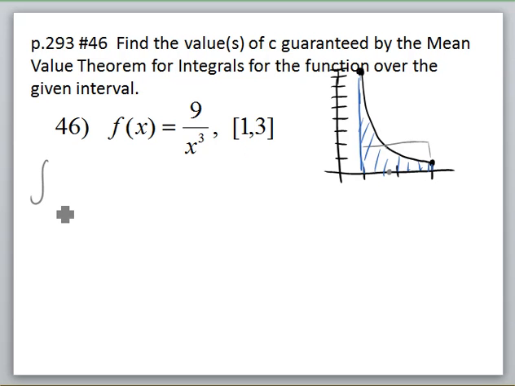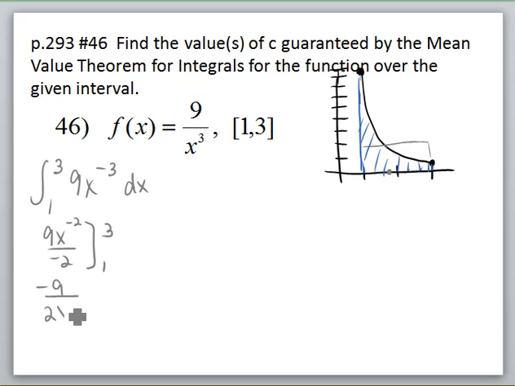So the first step is to actually find the integral, or find the area underneath this curve. I will do so by integration. I get 9x to the negative second over negative 2 from 1 to 3. And I don't want to plug in numbers in this way, so I'm going to say it's negative 9/2 x squared from 1 to 3.